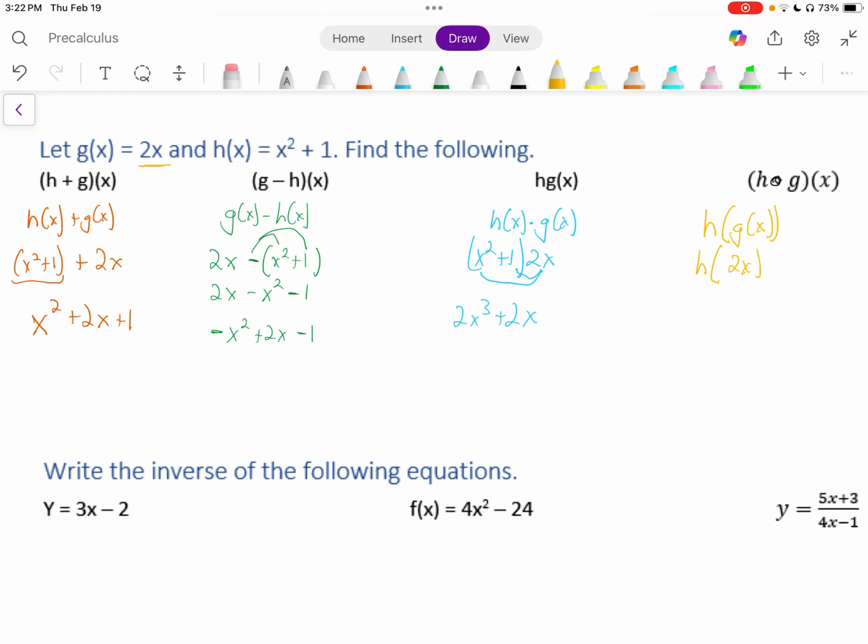So we want to do h of 2x, which means we put 2x in for x in our h function. So this is going to be 2x squared plus 1. We can multiply this out, so 2x, the whole thing squared is 4x squared plus 1.